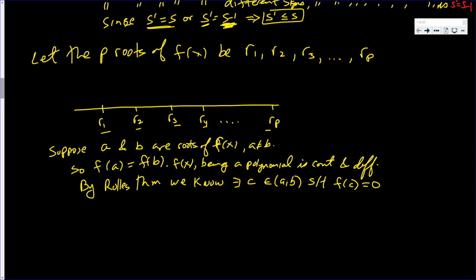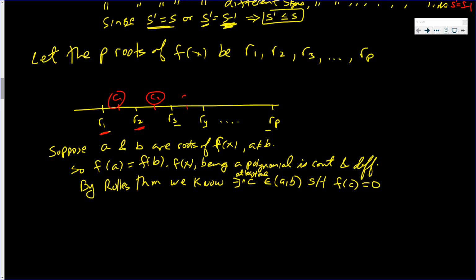In other words, we know there exists at least one C. Okay, so in between R1 and R2, there's a root for that derivative. At least one. In between R2 and R3, there's a second root. Notice, to the right of R1, we have a first root. To the right of R2, we're guaranteed a second root.